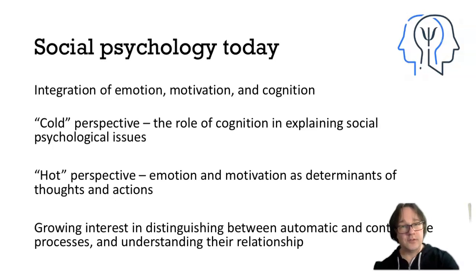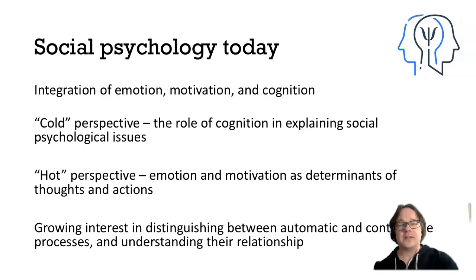Well, in that age of pluralism, of course, we have this integration of emotion, motivation, and cognition. So, emotion and motivation both have largely been left out, let's say, or have not received the same type or amount of attention that cognition has in recent years or throughout the history of social psych or cognitive psych for that matter.